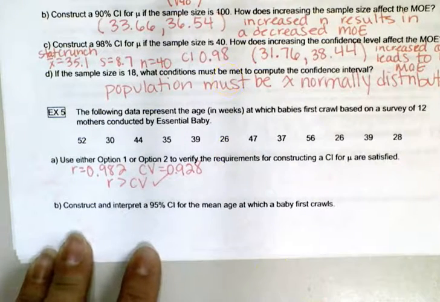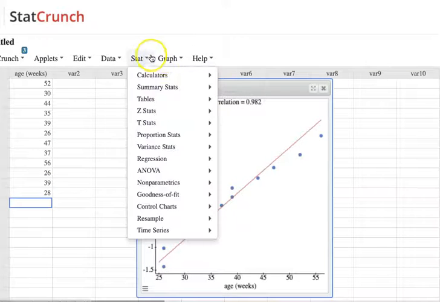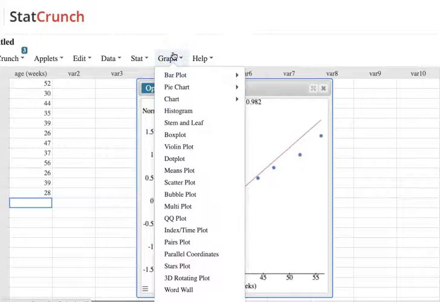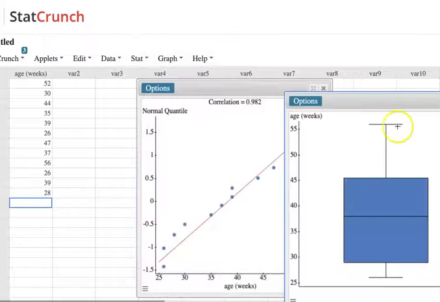Now I need to make sure that it doesn't have any outliers. So if I go to graph and I choose box plot, choose that guy. I don't need the labels or anything. You definitely need this checked. The default has it checked because you want to identify outliers.